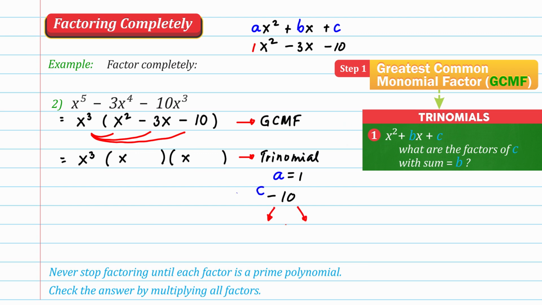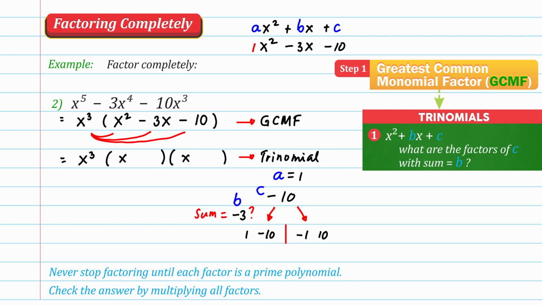Since c, the constant, is negative 10, we try to find a factor pair of negative 10 that adds up to b, which is negative 3. So, what are the factors of negative 10 with sum negative 3? Let's list these factor pairs. We start from 1 times negative 10, and of course, we consider their opposites.